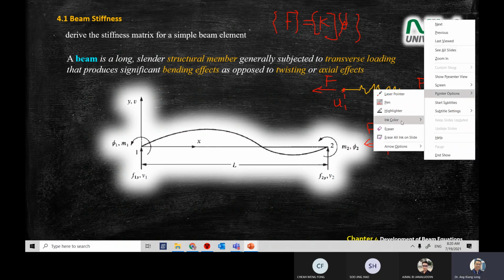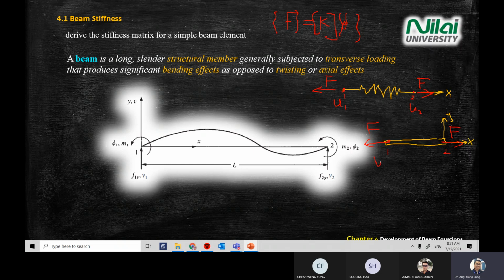Since this member is moving along the x-axis, you will have U1. And if you're referring to F1, if there's an angle in the member, then you will have V1. In this case, because it's along the x-axis, we don't have V1 or V2. But if this member is slanted at a certain angle, then you have X and Y components, U1, U2, V1, V2.